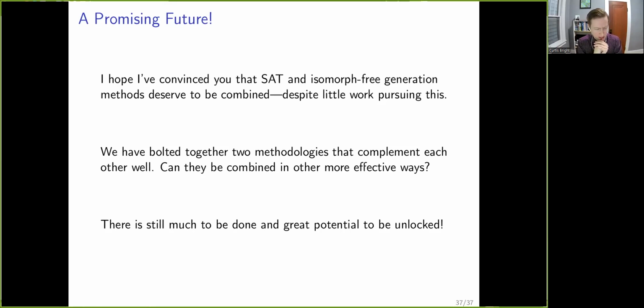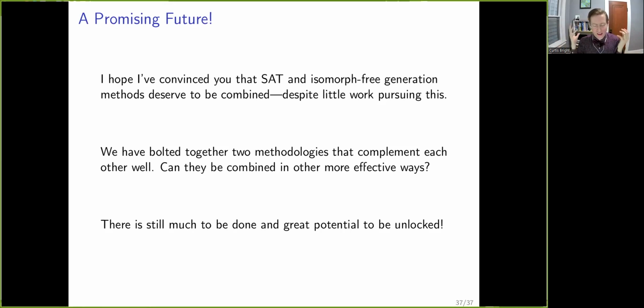The last thing I'll say is that what we're doing is basically bolting together two technologies, right? They seem to work relatively well together because they're complementary, but really we're not designing, we're just taking one thing and plugging it into another. Maybe there's a better way to go about this.